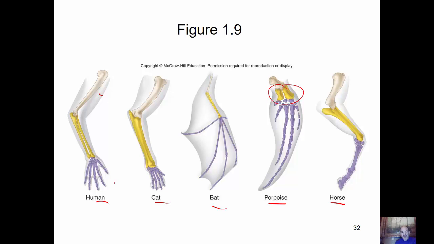And then the digits, or the fingers, you can see how they've become modified, like in the bat there, and in the porpoise, and in the horse. It seems as if these bones have fused together. But they all do have that same origin, so they're considered homologous structures.